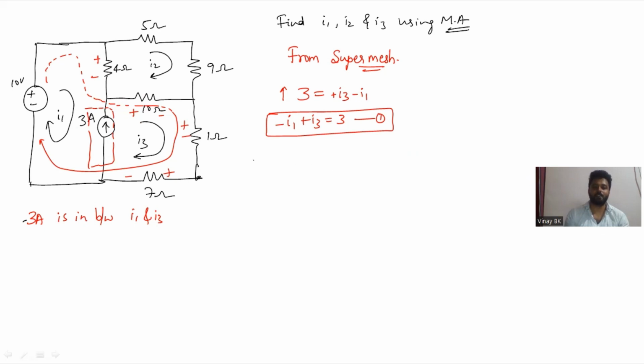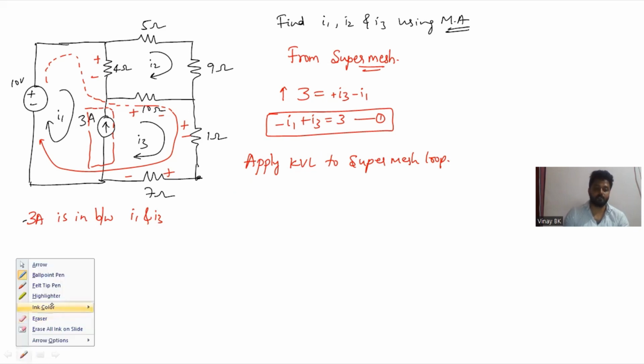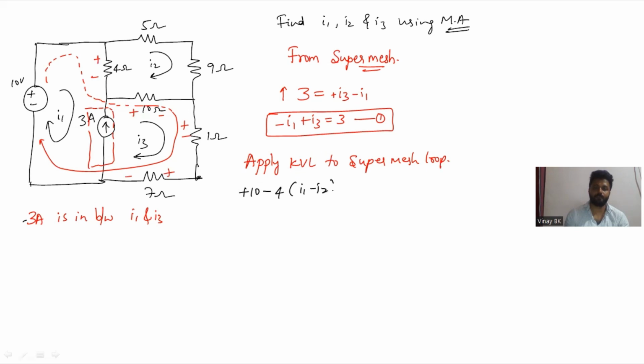Now apply KVL to the super mesh loop. You can write: plus 10 minus 4 into (I1 minus I2) minus 10 into (I3 minus I2) minus 1 into I3 minus 7 into I3 equals 0.